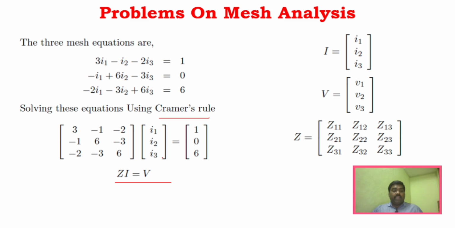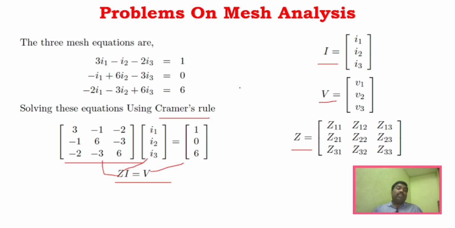The voltage value is given as 106. I've taken 106, right? And these values 3, -1, -2, -1, 6, -3, I've taken. So this is Z, this is I, and this is V, right? Whereas I can be represented as I1, I2, I3, V is equal to V1, V2, V3, and Z is equal to Z11, Z12, Z13, like this, right?